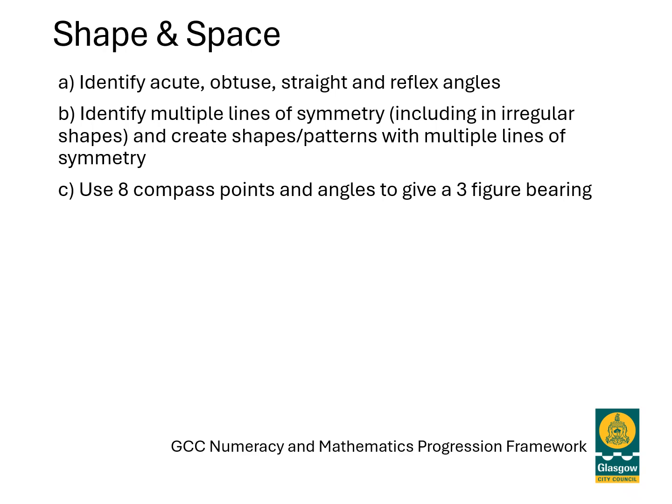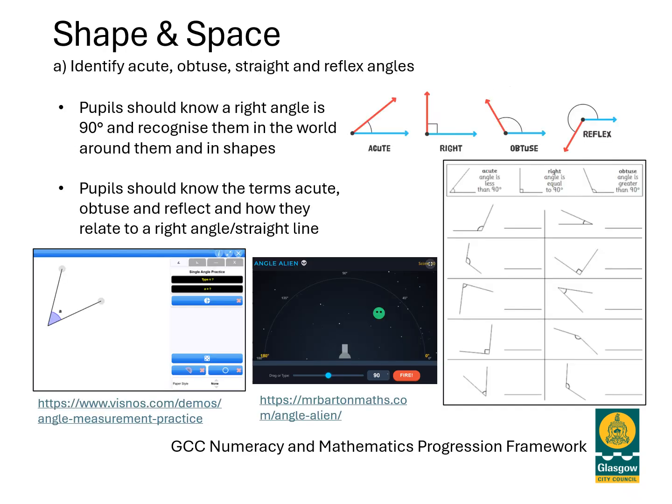So in terms of shape and space, we are building on knowledge that we have developed in primary 5 in terms of comparing angles to right angles. And now we're adding in the vocabulary of that. So before in primary 5, we were just talking about if an angle was less than a right angle or more than a right angle.